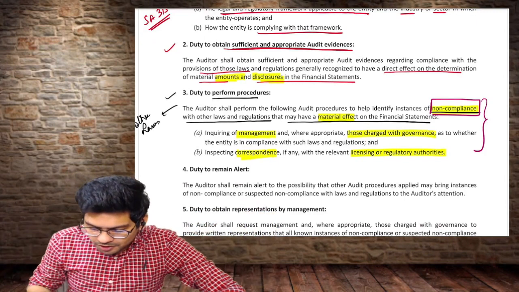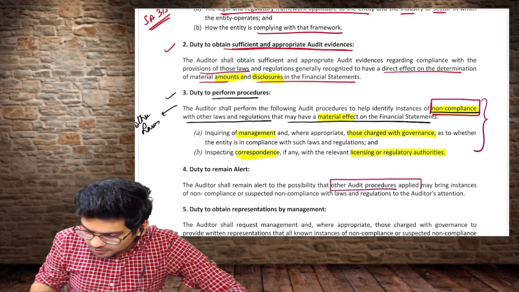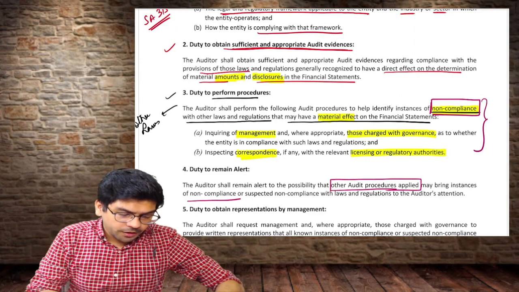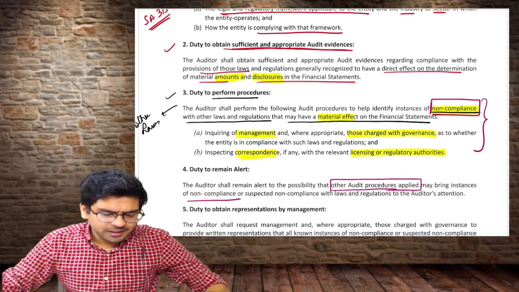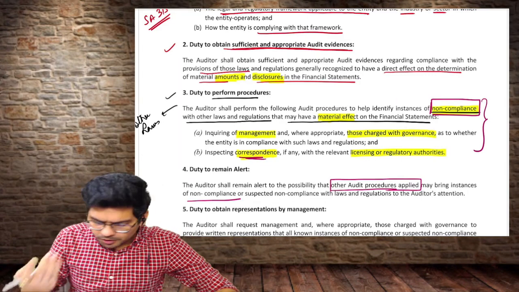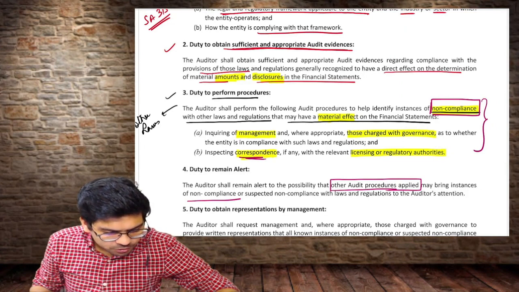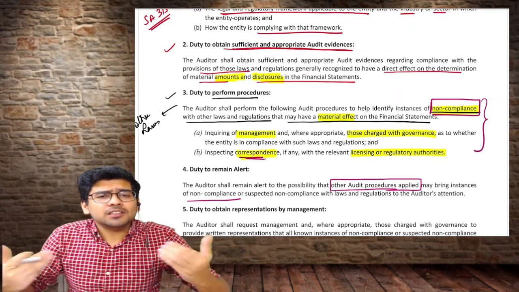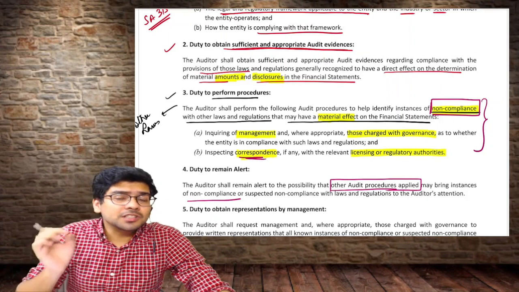The auditor shall remain alert to the possibility that other audit procedures applied may bring instances of non-compliance. Maybe he did an inquiry with the management, or maybe they have not received any correspondence, but when he is doing some other audit procedures, as in when he reads the board meetings, he may come across instances of non-compliance.